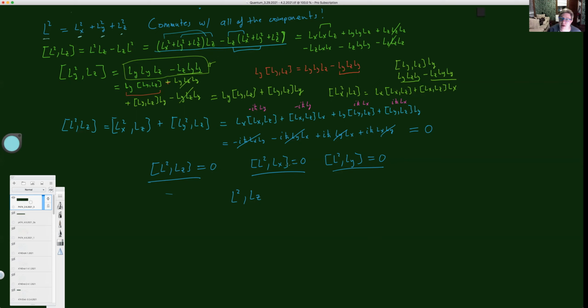Those all commute, which means you can pick one set like this and find simultaneous eigenfunctions and eigenvalues of those two operators. But it does mean that if you know Lz, you don't know much about Lx or Ly because those do not commute. But you can know about the total.